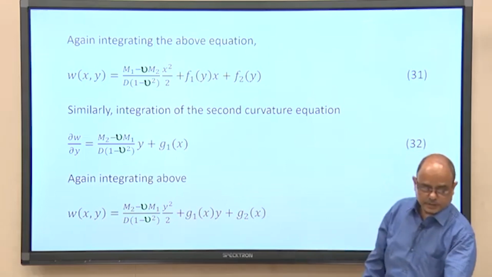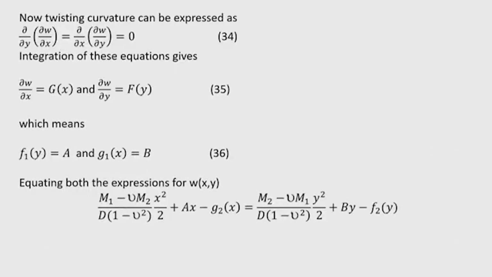Okay. Now, integrating the twist curvature equation, which I am now writing in this way, the integration of this equation simply results. Say if I integrate this first equation, this equation equal to 0, then I will get del w by del x and a function g x, a function of x, because I am integrating with respect to y, and in the second case I am integrating with respect to x.